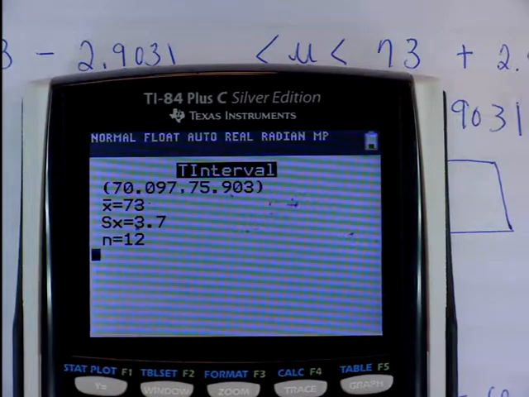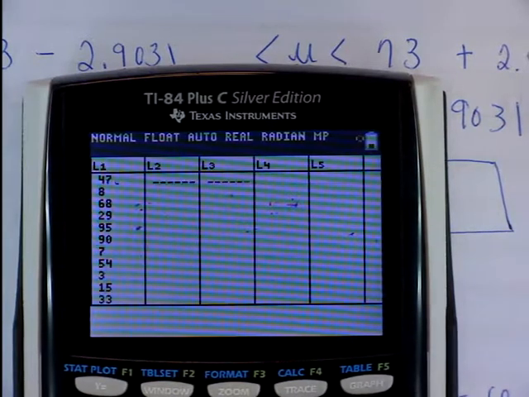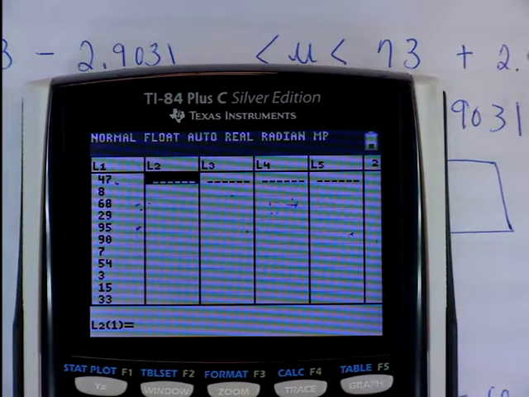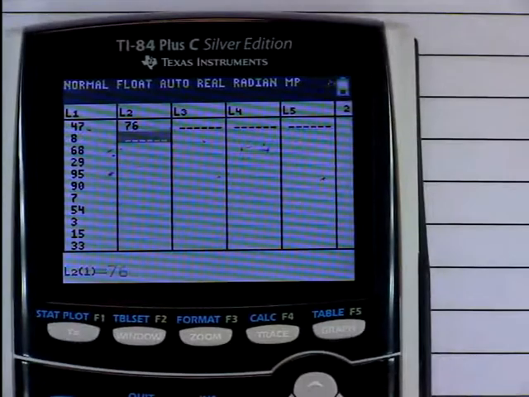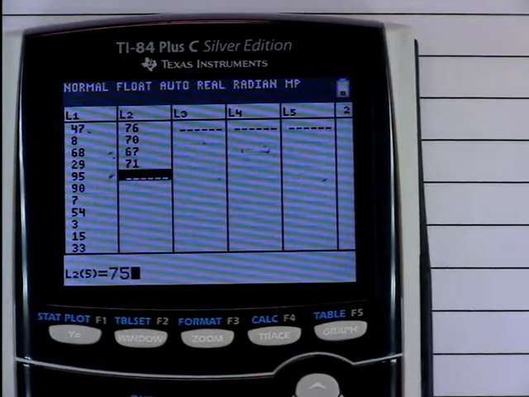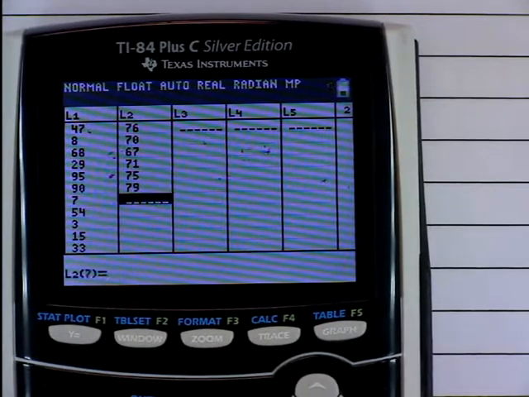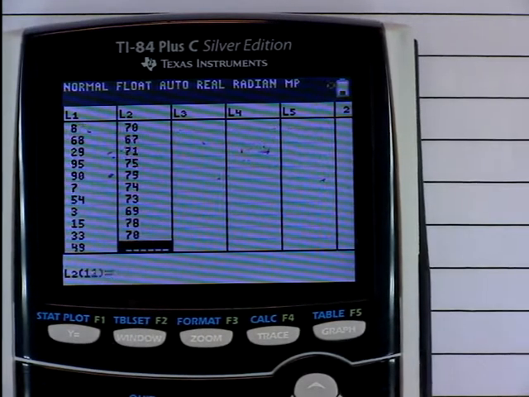A few moments ago, I could have gone to Stat and Edit, and I'll just use the L2 column to put in my values. The 12 scores: 76, 70, 67, 71, 75, 79, 74, 73, 69, 78, 70, and 74.